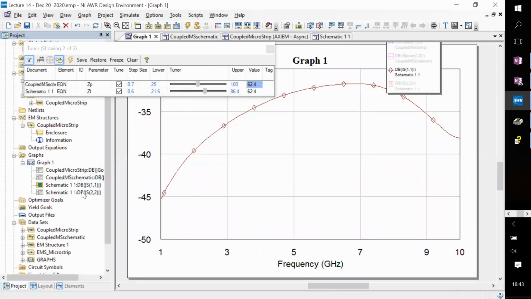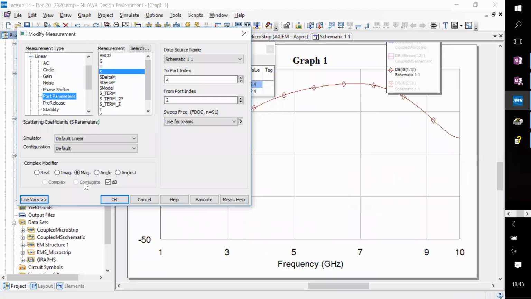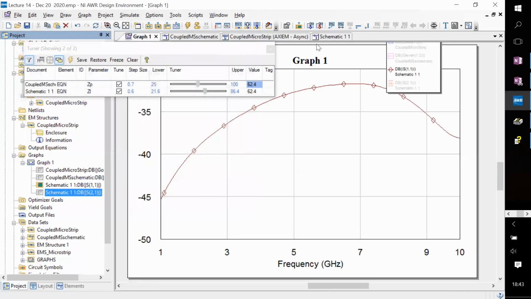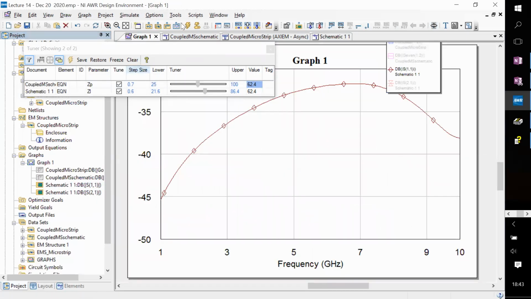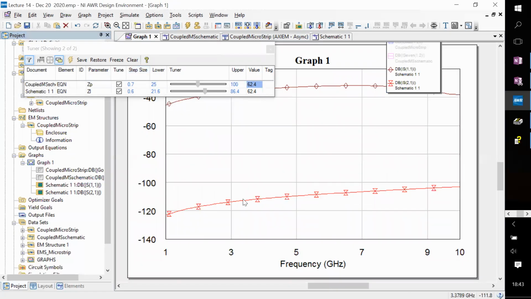What I can check, however, is instead of looking at port 2 reflection coefficient, I can see what is going into port 2 if I'm measuring on port 1. So I can look at S21. This will tell me that while putting an excitation here, does any power leak into port 2? Let's see. I've changed this from S22 to S21. Let me enable it again and plot it. And here it is. It's basically 0.